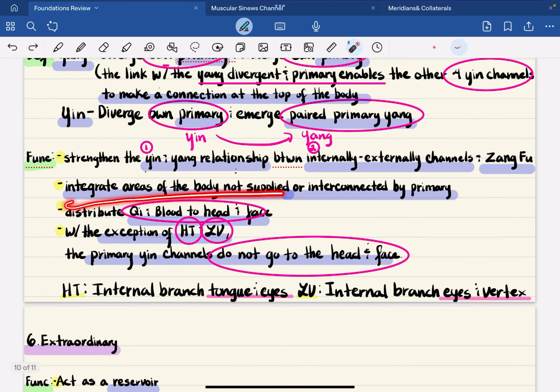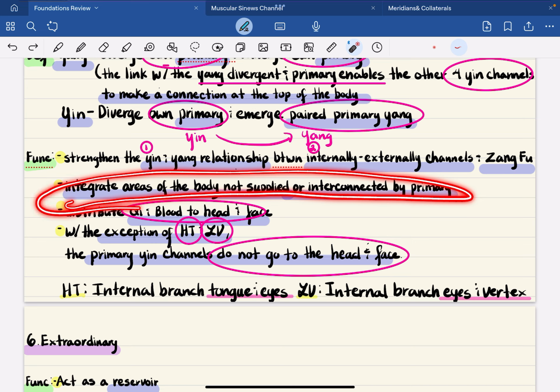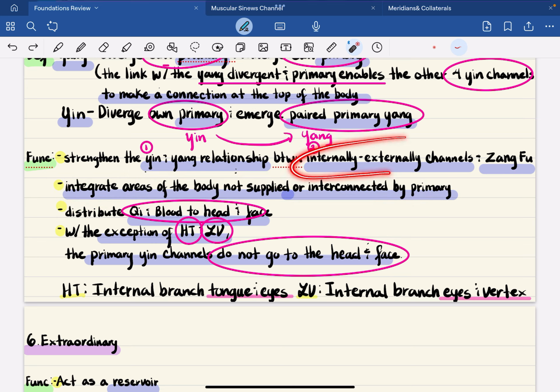See, it integrates areas of the body not supplied by the interconnected primary. This is why this is here. What does it do? It distributes qi and blood to the head and face, because this is still riding the yang turtle. That's how I think about it. It helps the qi and blood to the head and face, except the heart and liver.